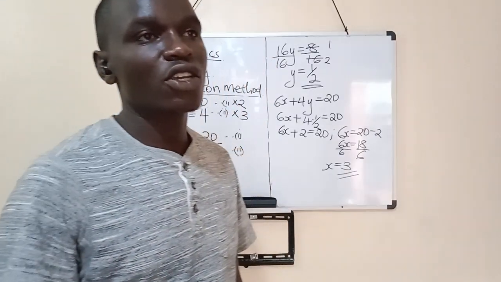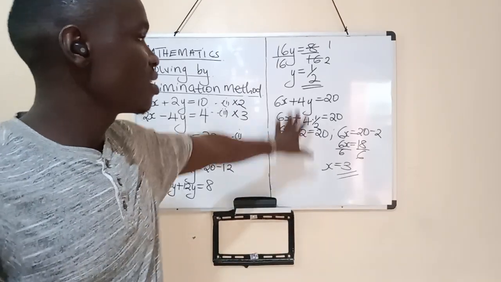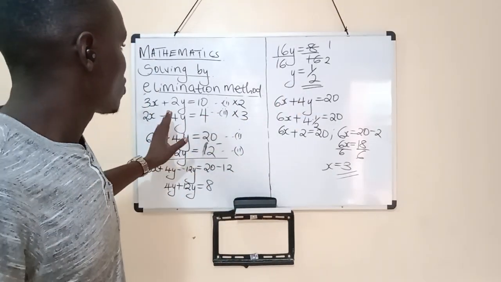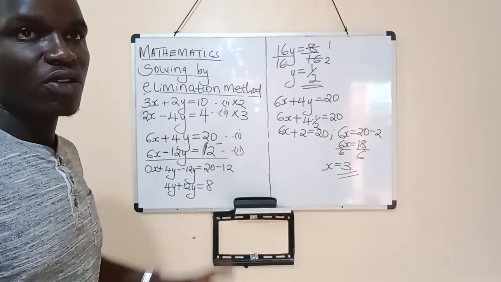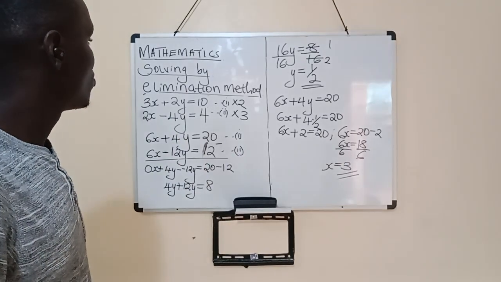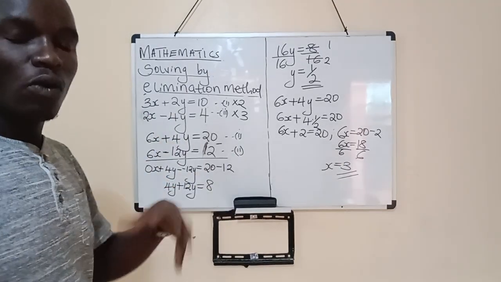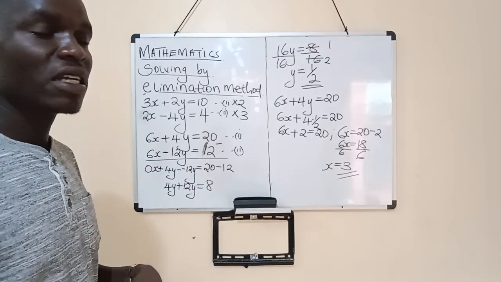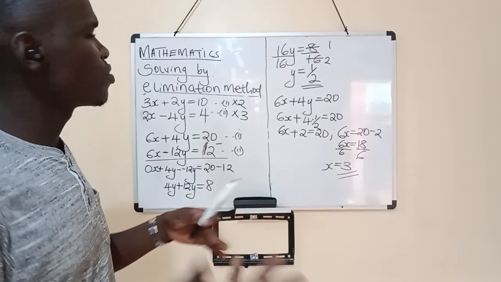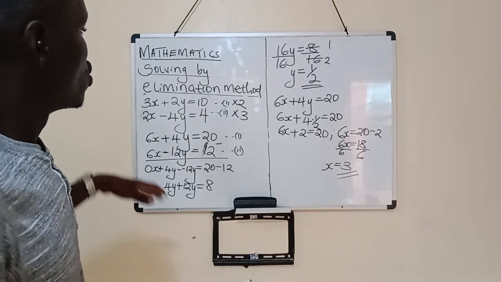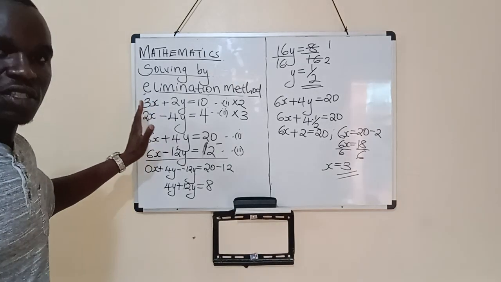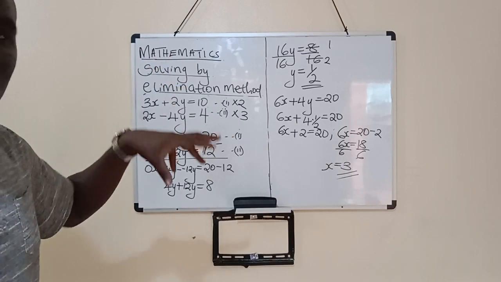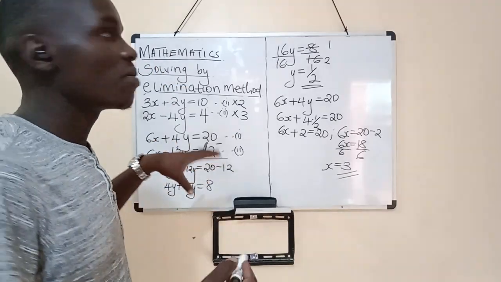Allow me to take you through it once again. When you're dealing with the elimination method, you choose whether to eliminate the term x or the term y. After you decide what you are going to eliminate, you take the coefficients and crisscross them.